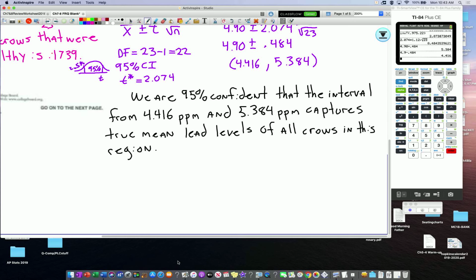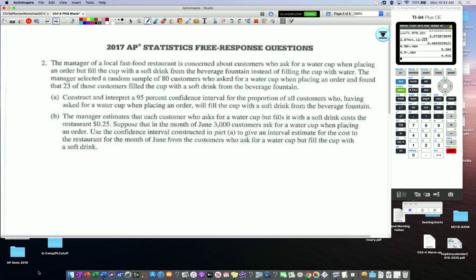All right, let's take a look at the second one on the back side. So this one's very recent from the 2017 exam. I remember my kids taking this and kind of making fun of water cups. So number 2 says the manager of a local fast food restaurant is concerned about customers who ask for a water cup when placing an order, but fill the cup up with a soft drink from the beverage fountain instead of filling the cup with water.